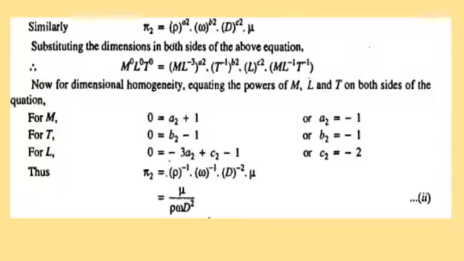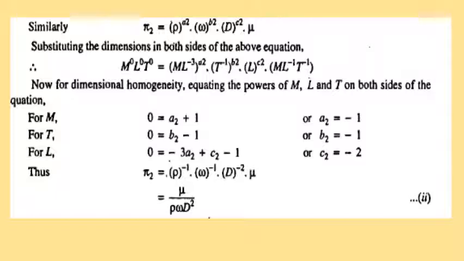Now, for dimensional homogeneity, equate the powers of M, L and T on both sides of the equation. What you did in the first phi 1 term, in a similar manner you have to equate these powers of M, L, T. For example, for M, the left hand side M is equal to 0. Next, the M power in density is A2.